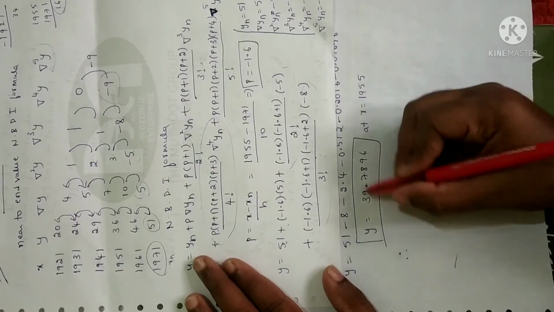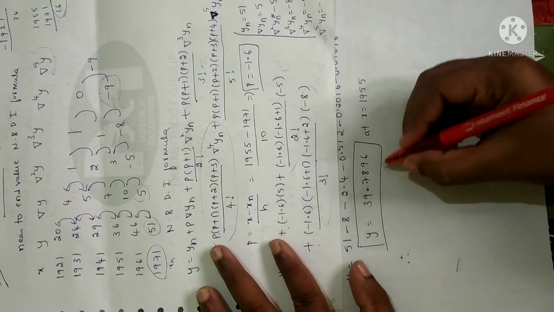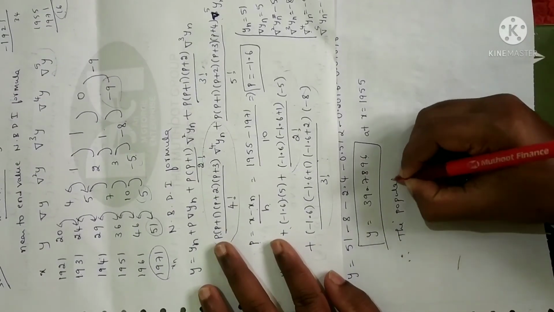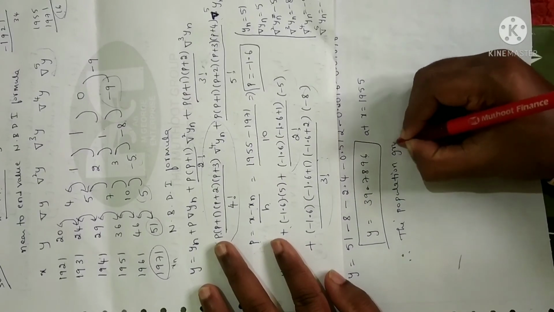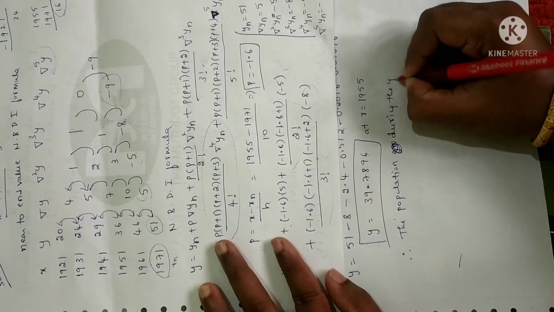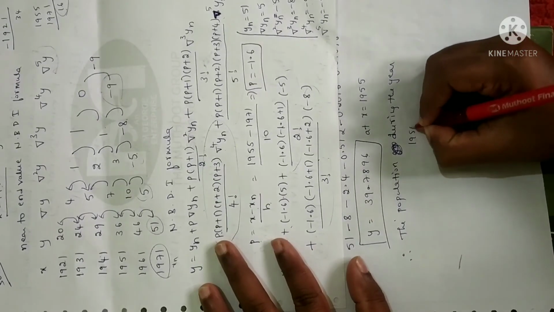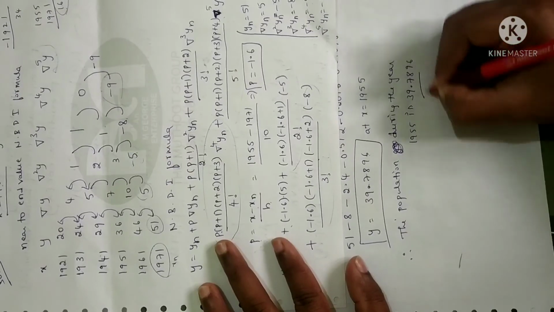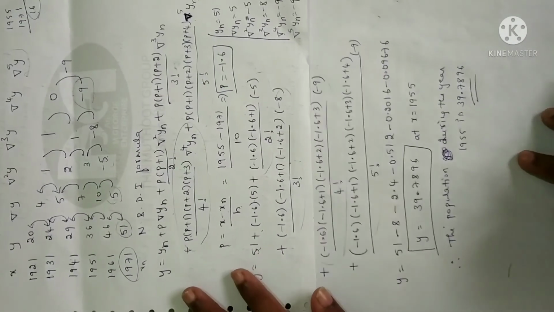So this is the required population growth in the year 1955. Therefore, the population during the year 1955 is 39.7896. So this is the required solution.